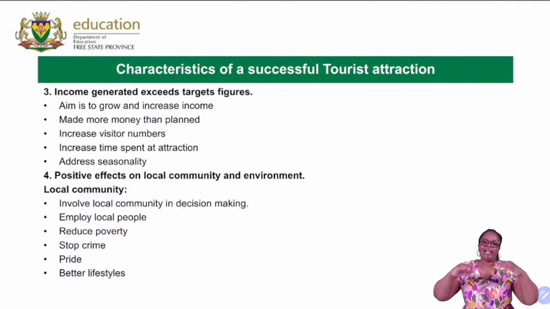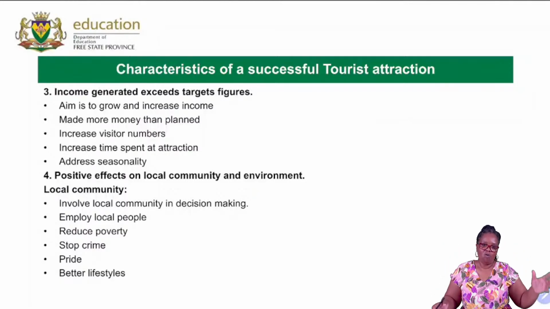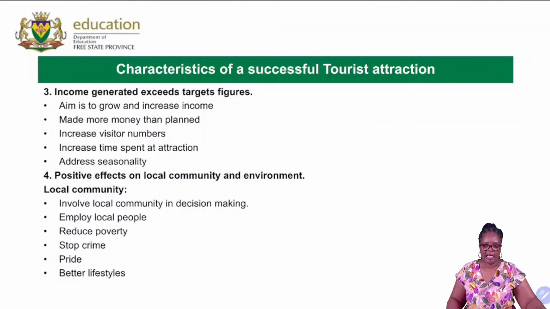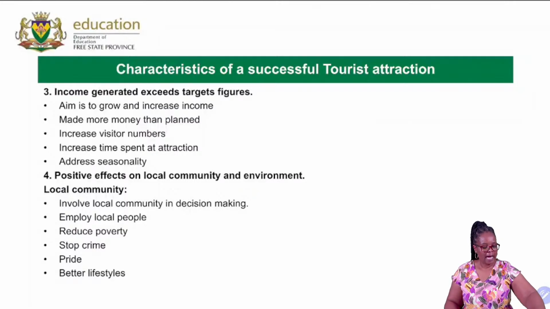So at the end, when these people are now being employed, they're getting their salaries, they have managed to make sure that there's no crime, their lifestyle is going to be better. So when you look at an attraction, whereby it's situated, you must be able to see the lifestyle of people around there.